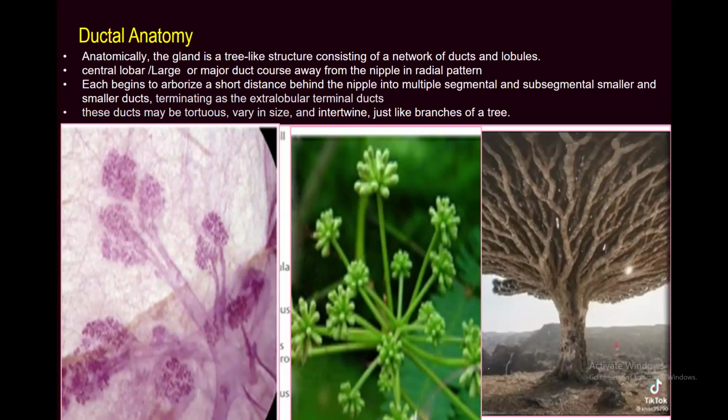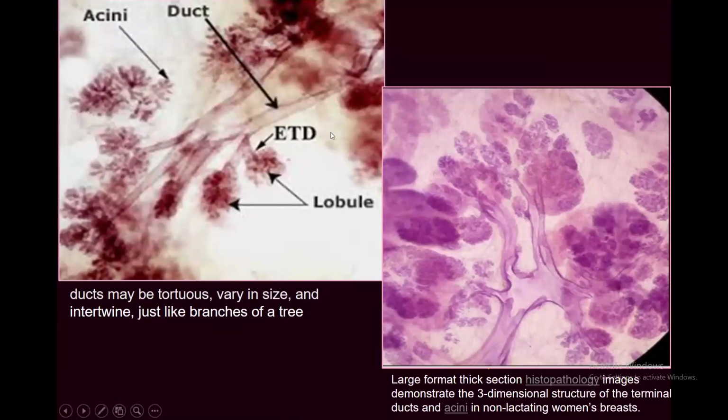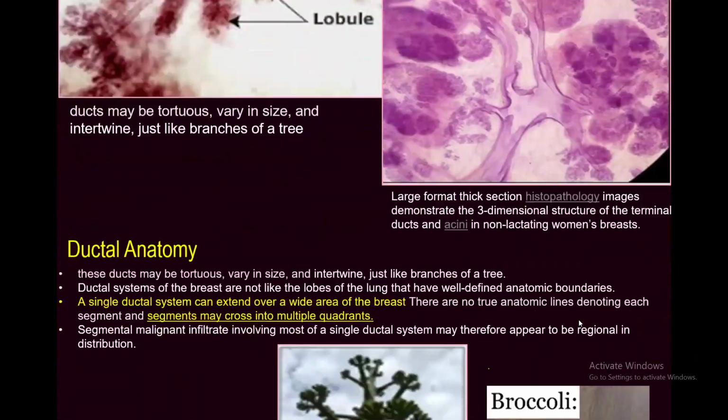These ducts are tortuous, varying in size, intertwined, just like the branches of the tree. Look how they are interdigitating. This is duct, this is duct, this is duct, and this duct. Same as here. Look at the ducts and their orientation.